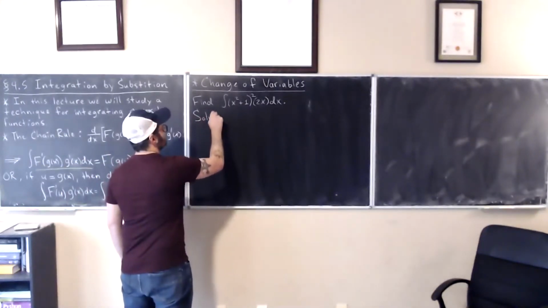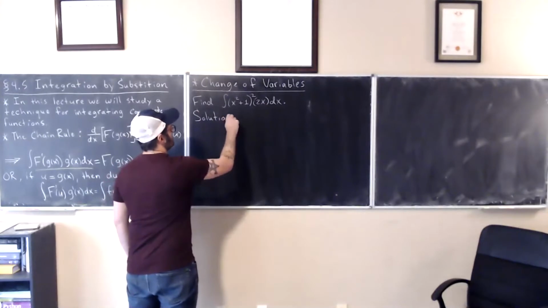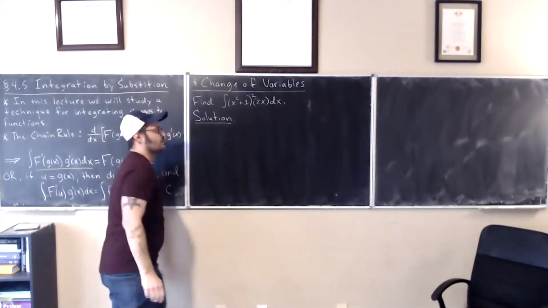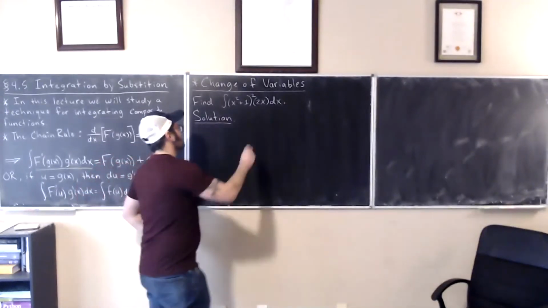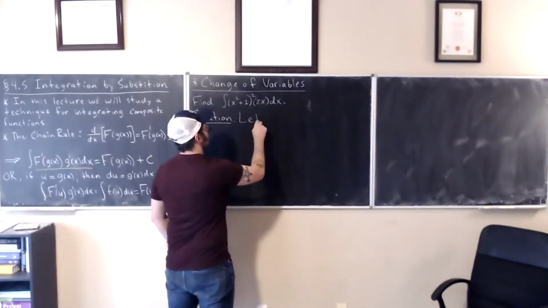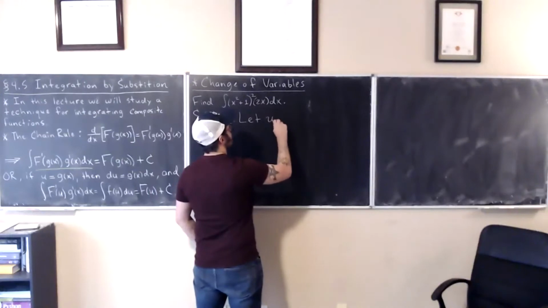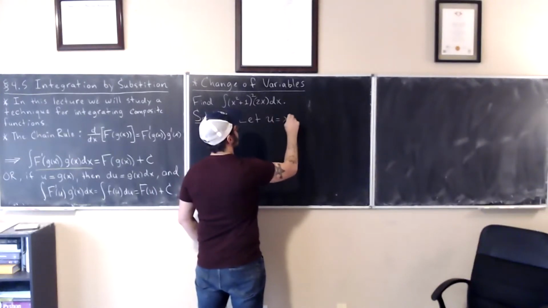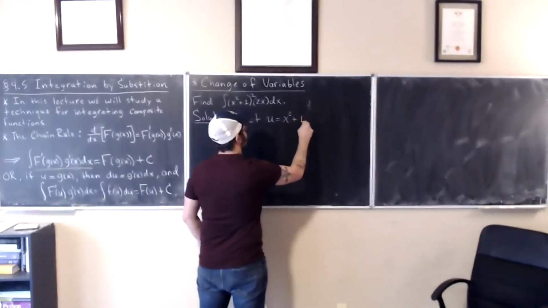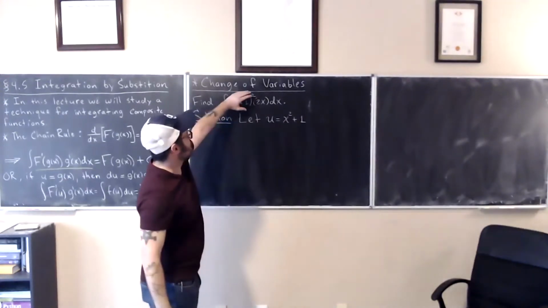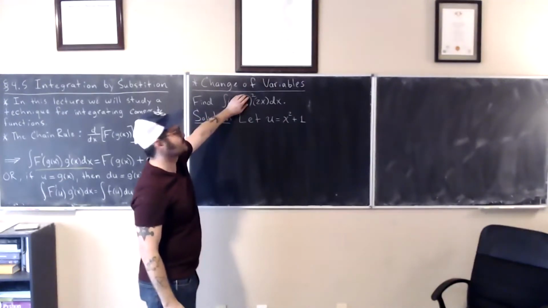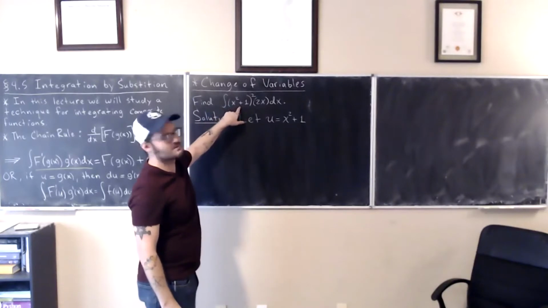So let's look at the solution, and we're going to use this change of variables technique. First, I'm going to notice that we can let u be equal to x squared plus 1. Then we have some function, namely the square, composed with u, because there's u right there.